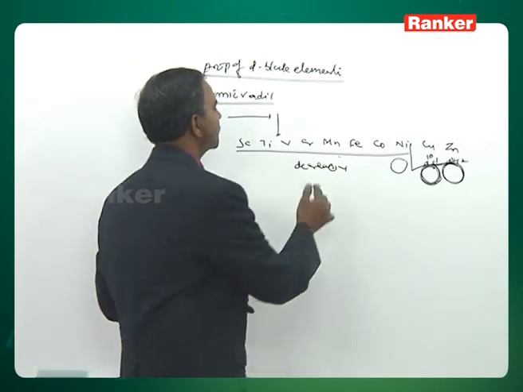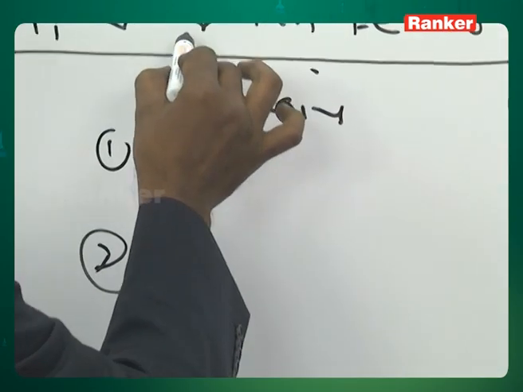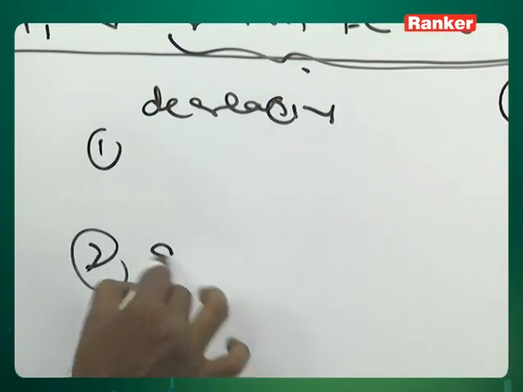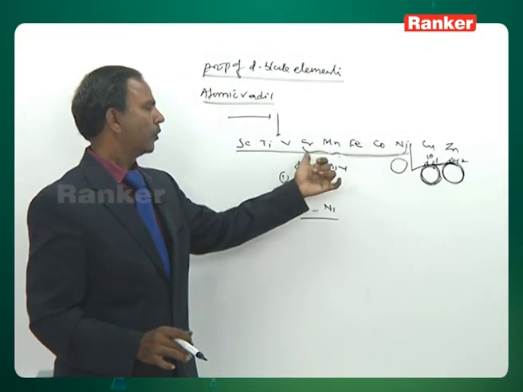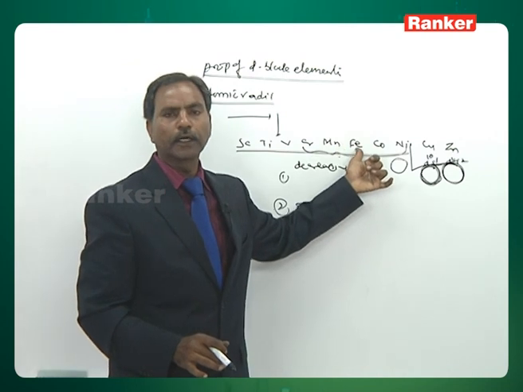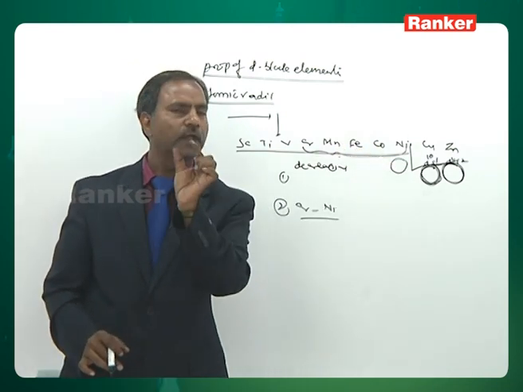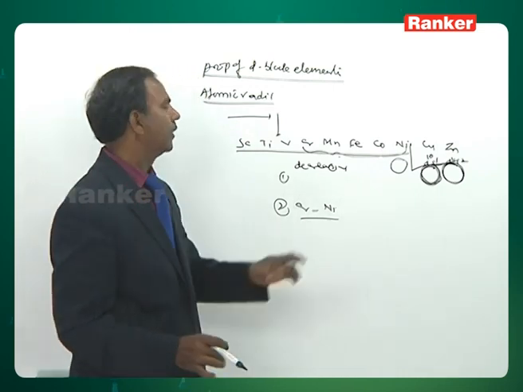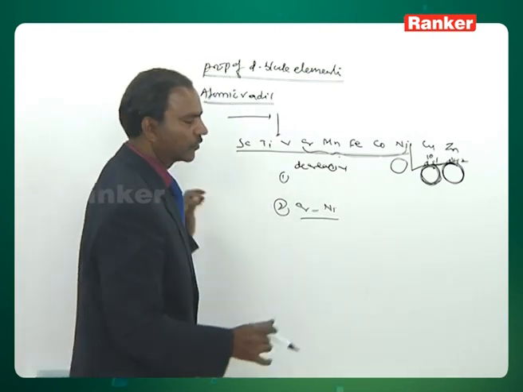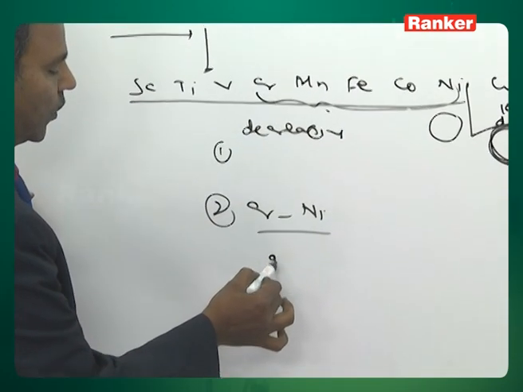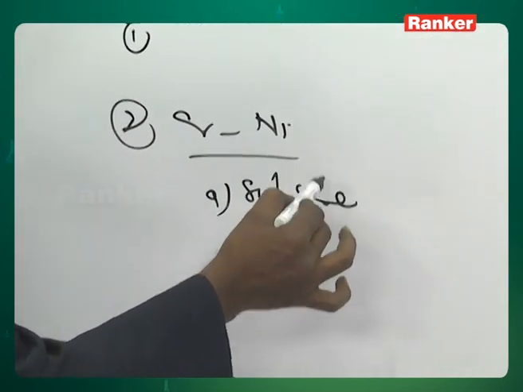Now, let me say the second point. Here, chromium to nickel, atomic sizes are more or less the same: chromium to manganese, manganese to iron, iron to cobalt, cobalt to nickel. The atomic size difference is very little; these have more or less identical atomic sizes. This is due to two reasons. First, it is due to the shielding effect or screening effect.